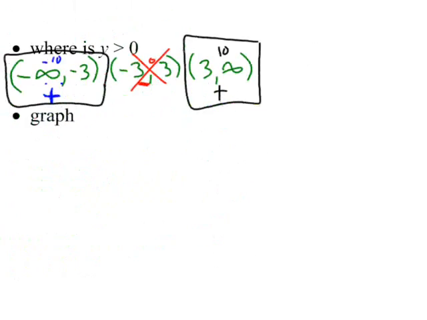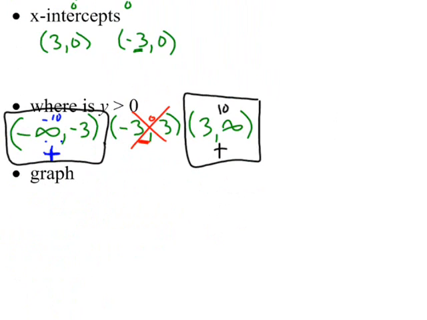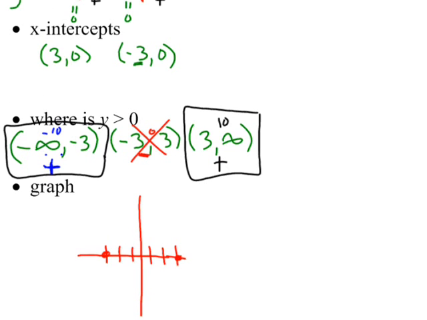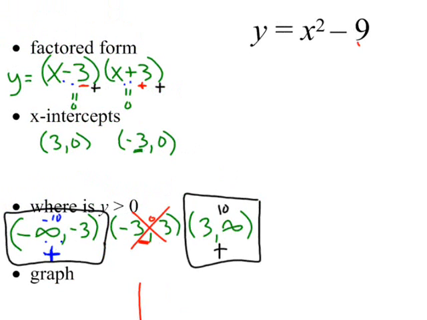Well, I know one of my intercepts is -3, the other intercept is +3. Again, I know the y-intercept is going to be right here, the c value, which is -9.